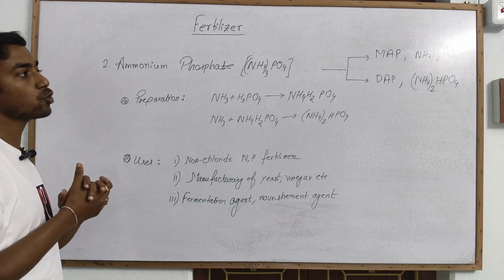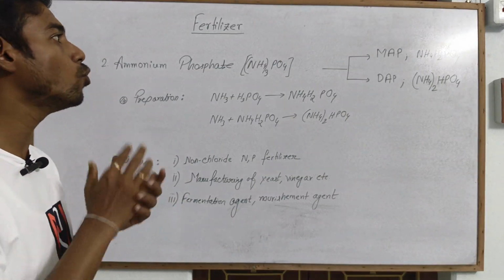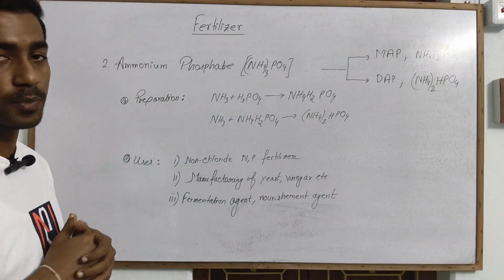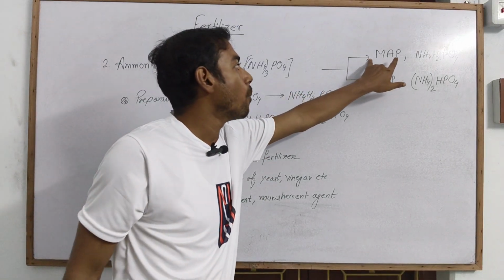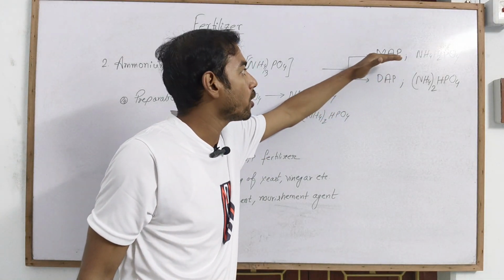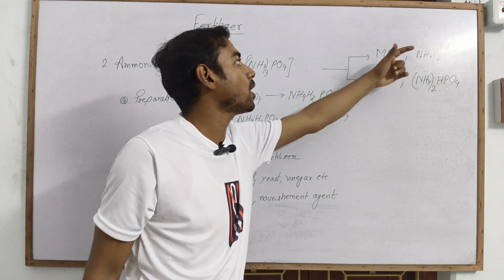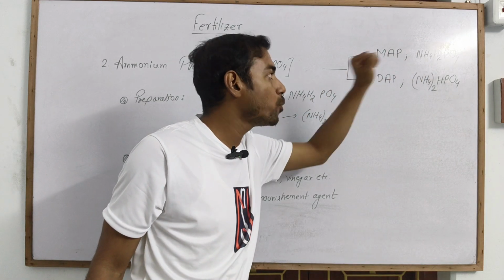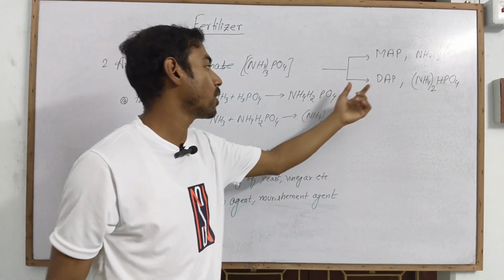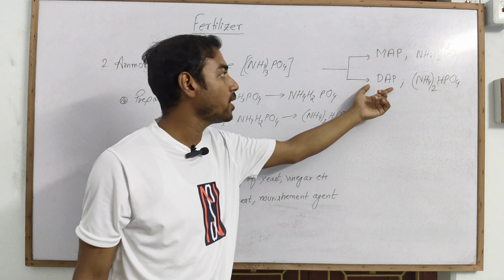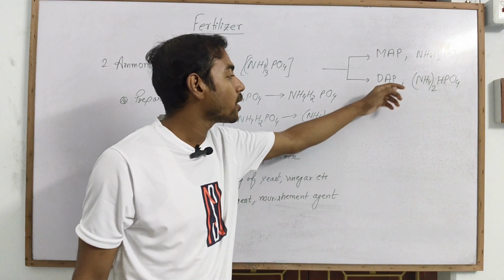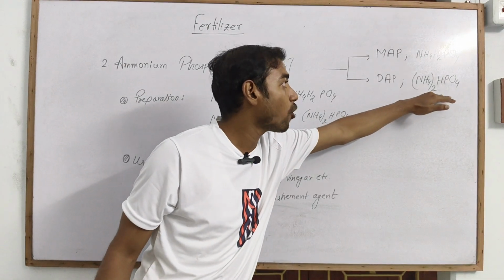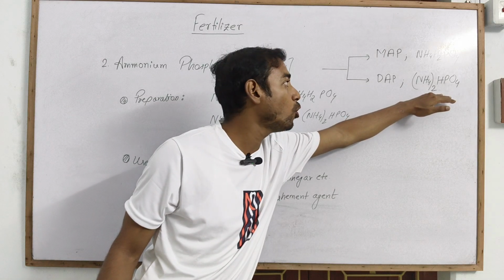But there are basically two major types of this ammonium phosphate. One is monoammonium phosphate, or written as MAP, and the chemical formula is NH4H2PO4, and another one is written as DAP, that is diammonium phosphate, and the chemical formula can be written as (NH4)2HPO4.